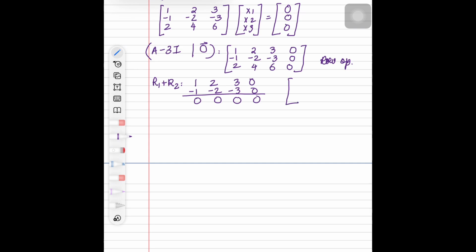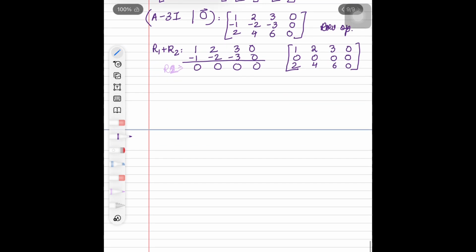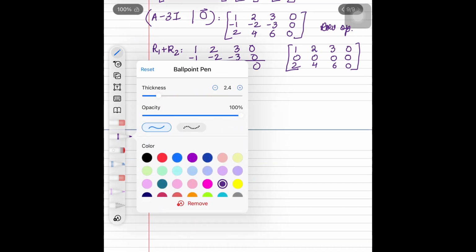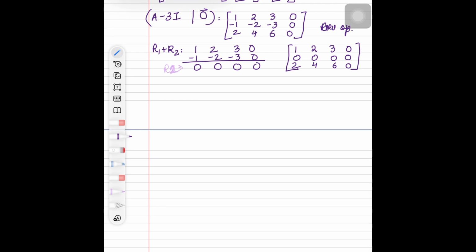So we're getting the new row 2 is just 0. Now let's get rid of the third one right here.